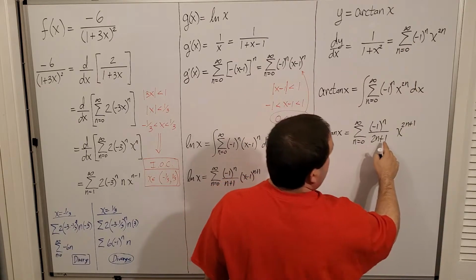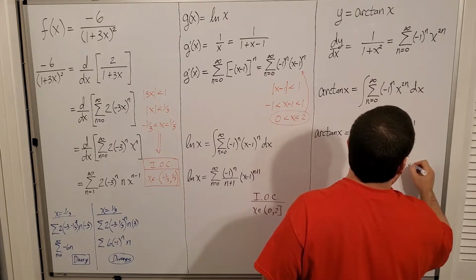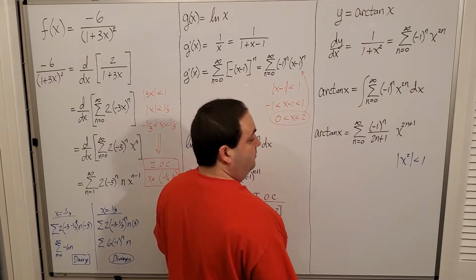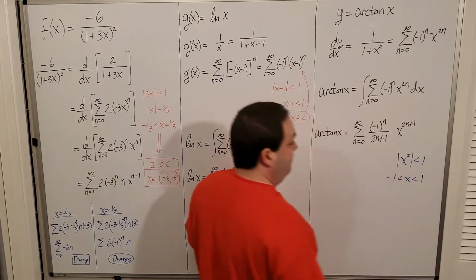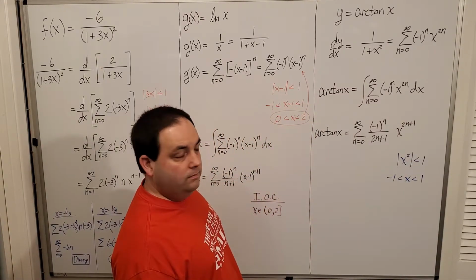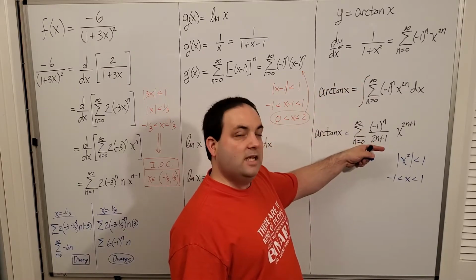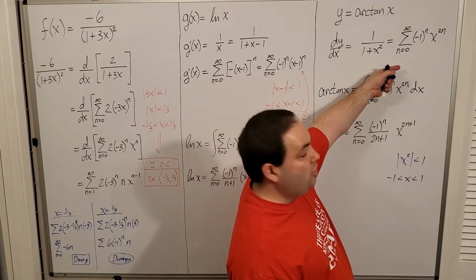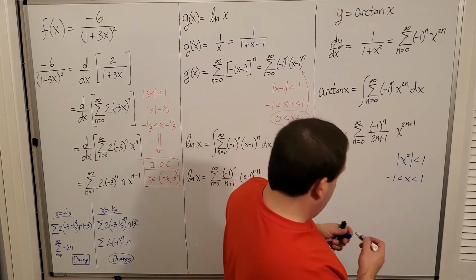And then sort of the same idea here. I know that my x squared has to be less than 1 in size, which is basically telling me that my x has to be between negative 1 and 1. But remember, I need to test the endpoints because I did an antiderivative and the endpoints can change. The original function can't use the endpoints, but this one might. Let's check it and see.